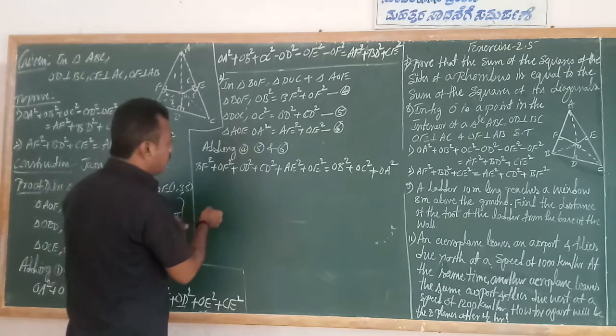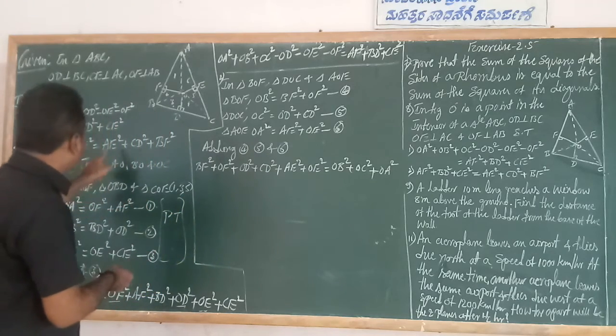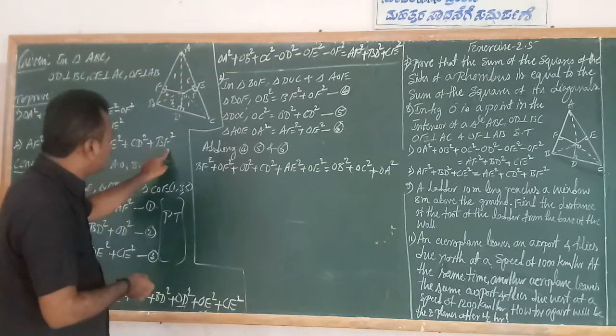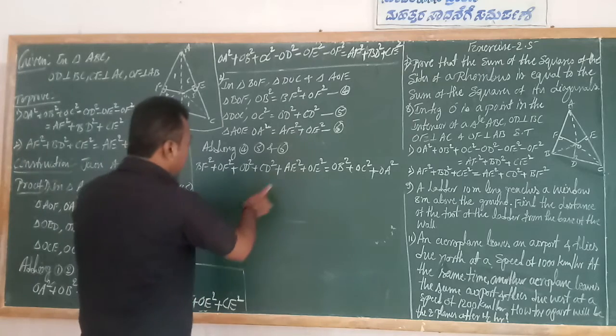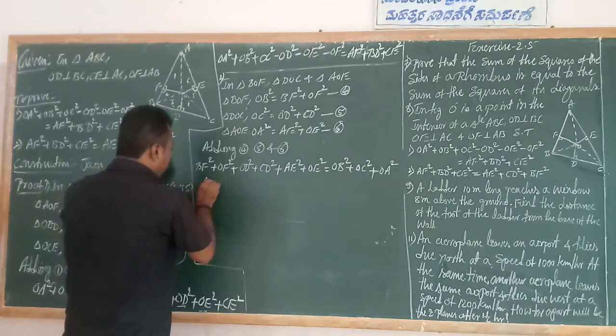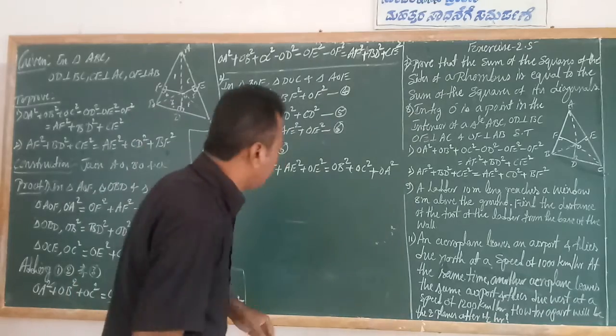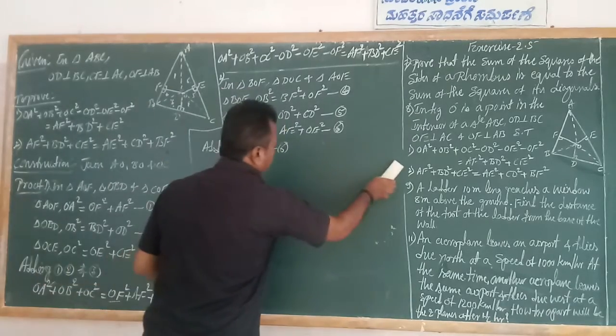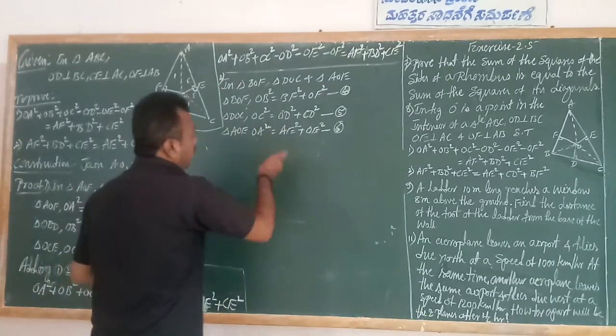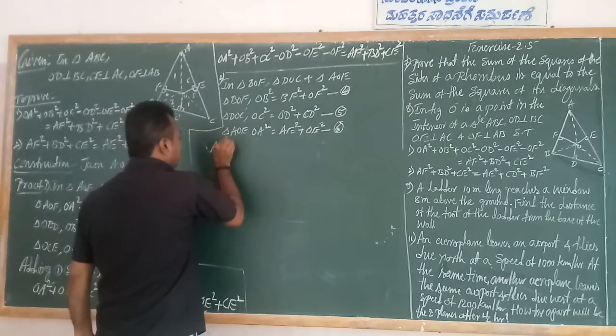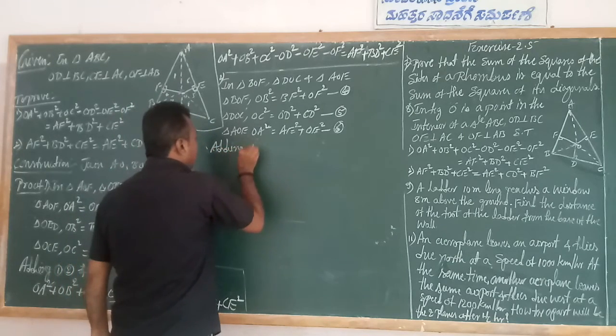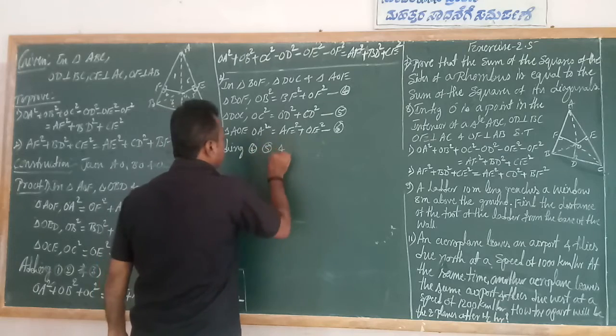See, first AE square, CD square plus BF square is there. Okay, AE square. So first I will write, sorry, adding 4, 5, 6. Adding 4, 5 and 6 only.